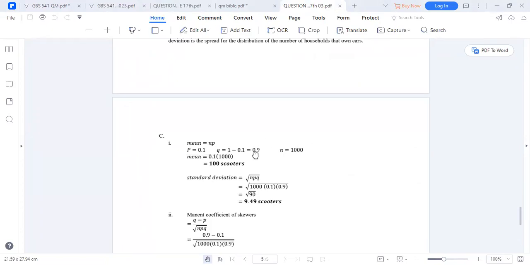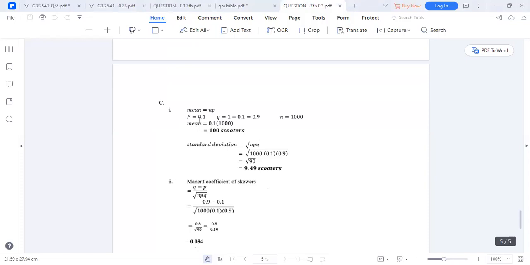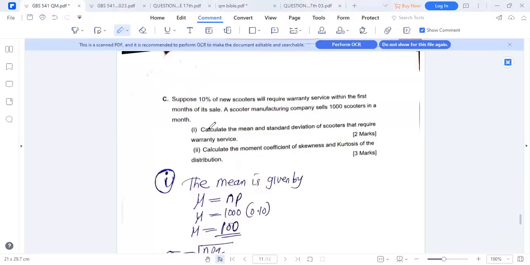Whenever we're asked to find the mean, it is simply n times p. Our p, according to the question, is 10%. If your 10% is your p, your q should be the remainder to get 100%, so 90% is your q.